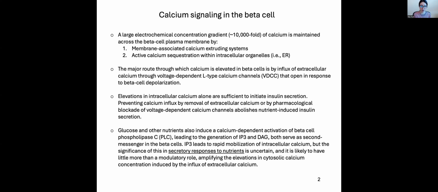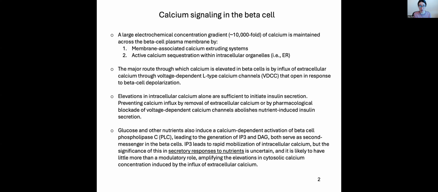So what if we change this calcium concentration in the cytoplasm? What is the downstream effect in pancreatic beta cell? So the effect is actually insulin secretion.